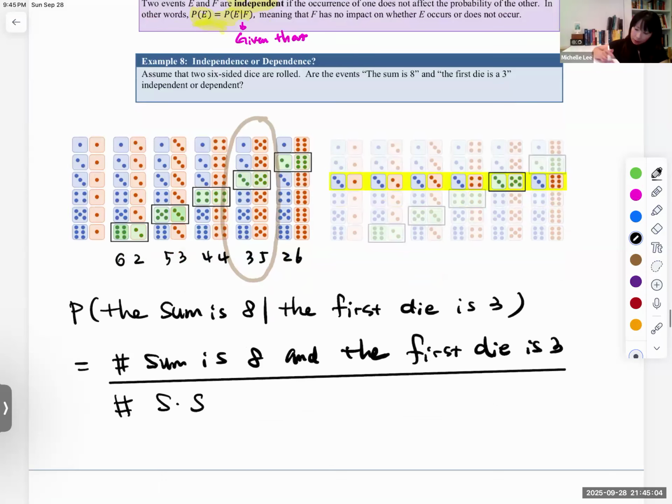In that case, only one, right? Only one. So 1 out of how many sample space? We have those as the sample space: 1, 2, 3, 4, 5.